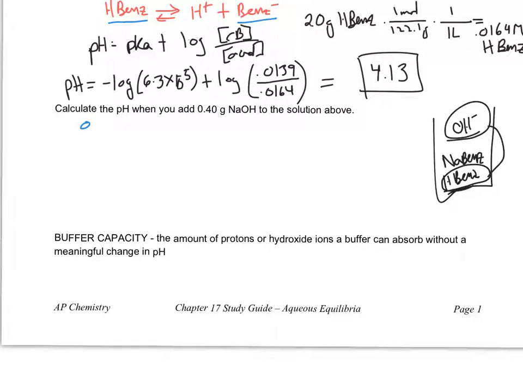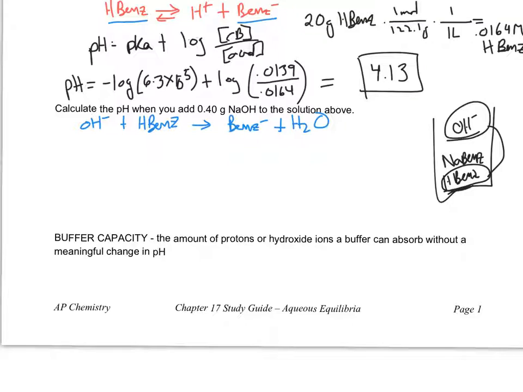So the OH minus is going to react with my benzoic acid. And the product would be benzoate ion plus water. My OH minus will accept a proton from the benzoic acid to become water, and then the benzoic acid is left as the benzoate ion there.